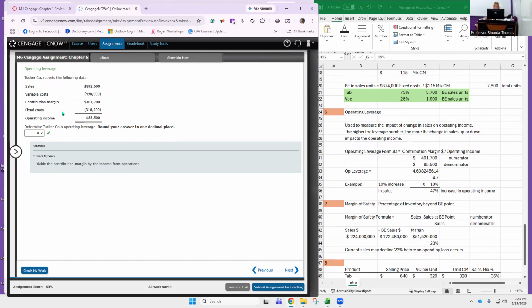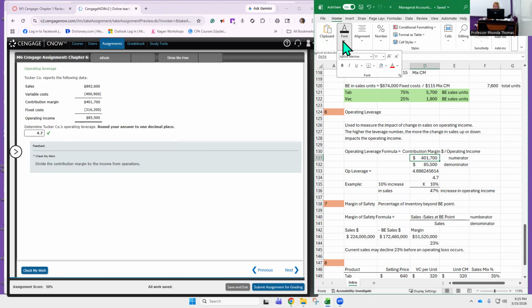So for example, we have 401,700 in contribution margin, and we have operating income of 85,500. When you take this as the numerator and this as the denominator, I got 4.7.